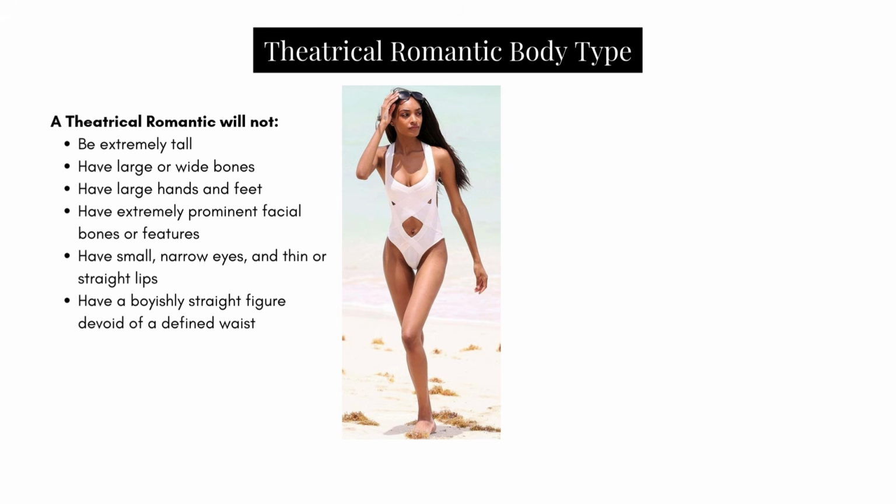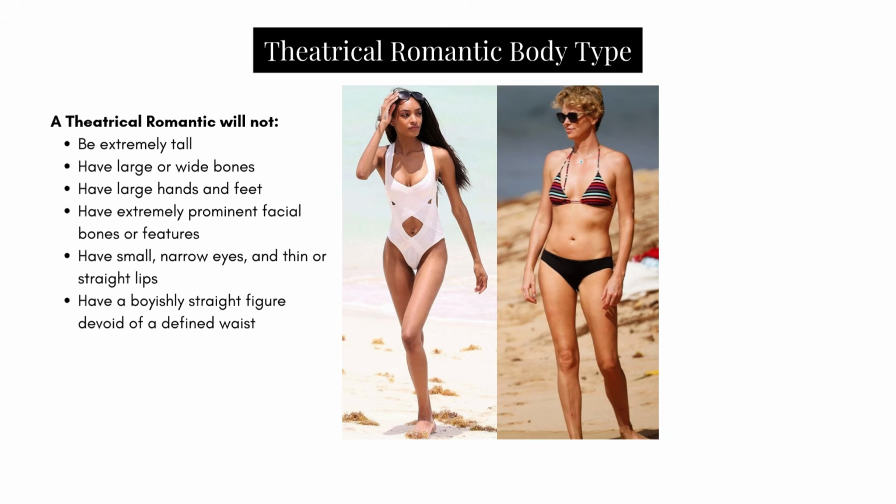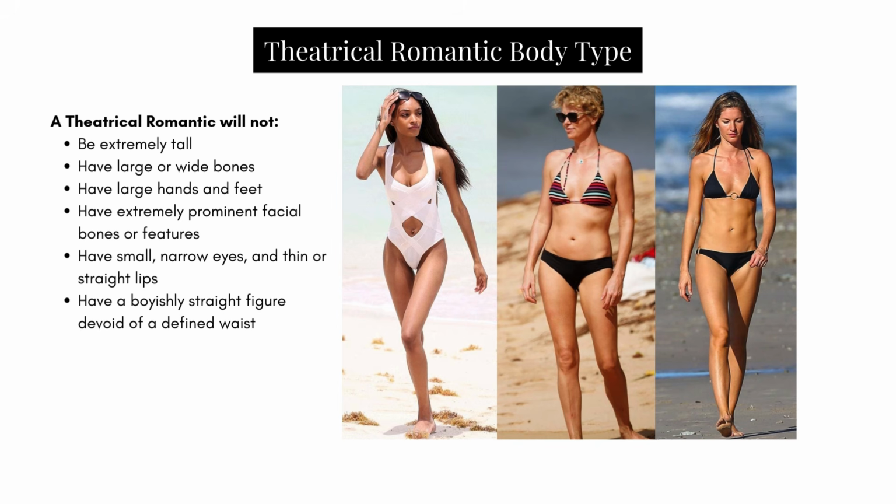A theatrical romantic will not be extremely tall, have large or wide bones, have large hands and feet, have extremely prominent facial bones or features, have small narrow eyes and thin or straight lips, or have a boyishly straight figure devoid of a defined waist.